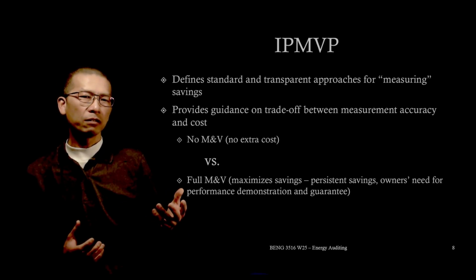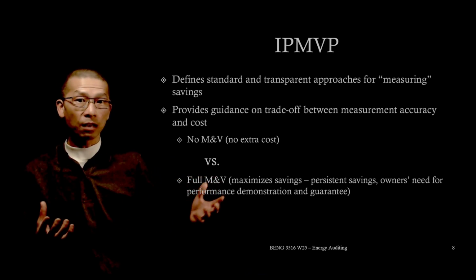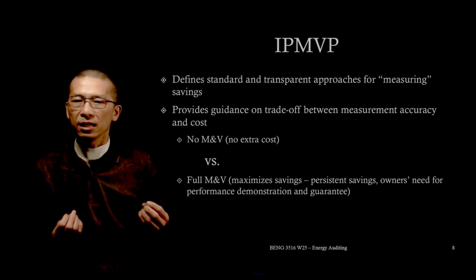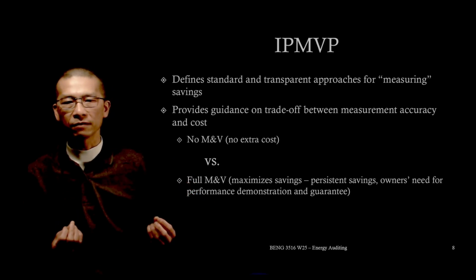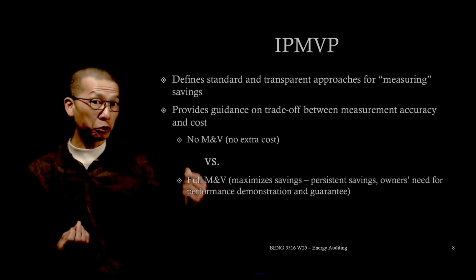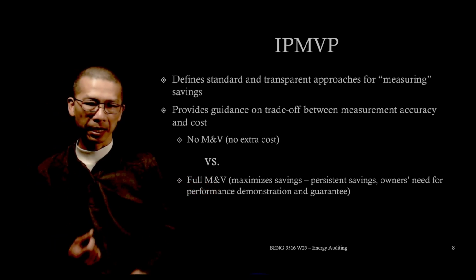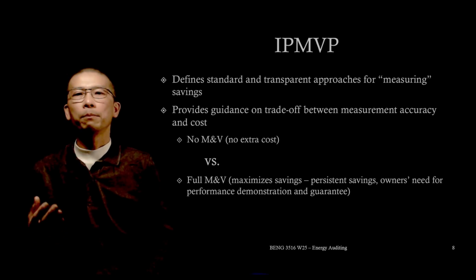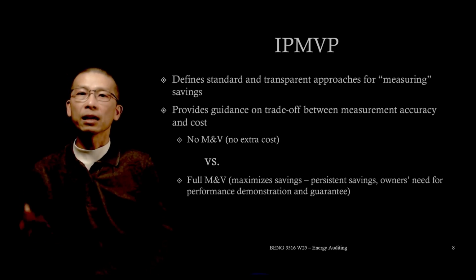M&V is often required when savings guarantees or financial incentives depend on the measured results. So higher cost, but you have the guarantees.